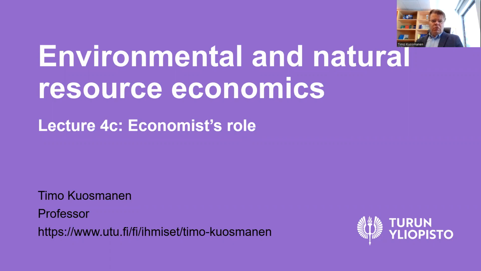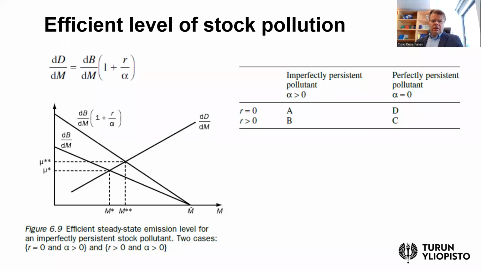So in the previous talk, we discussed how the optimal or societally efficient level of flow pollution and stock pollution depends on the marginal damages and marginal benefits.